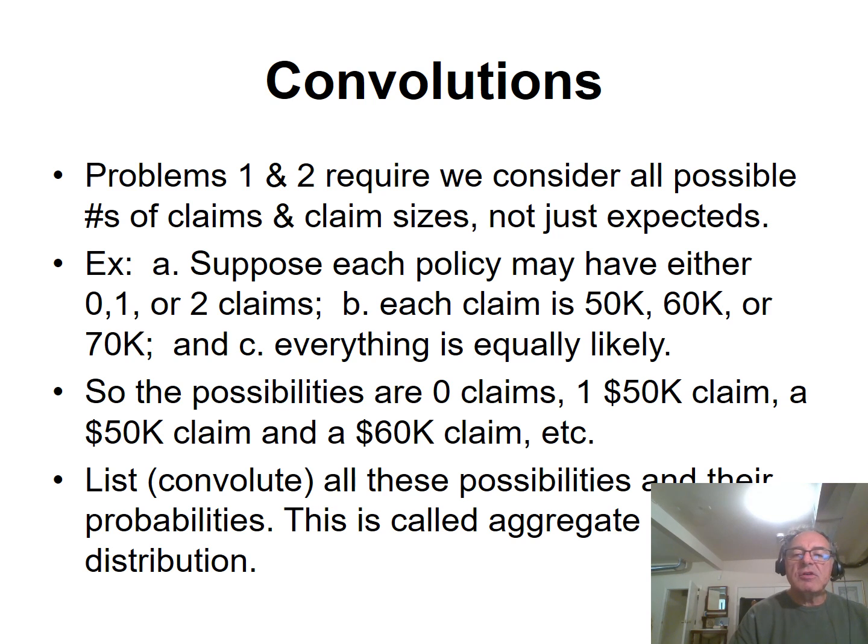Each claim is either $50,000, $60,000, or $70,000, and everything is equally likely. So it's equally likely that each of my policies will have 0, 1, or 2 claims. Each of these has a 1/3 probability, and each claim will be with 1/3 probability either $50,000, $60,000, or $70,000. So these are distributions I think I can play with and manage a little easier.